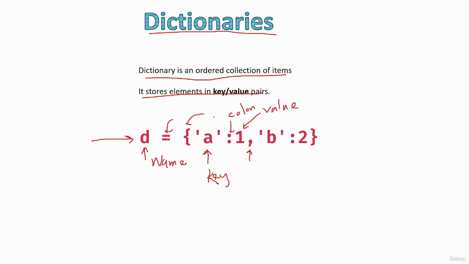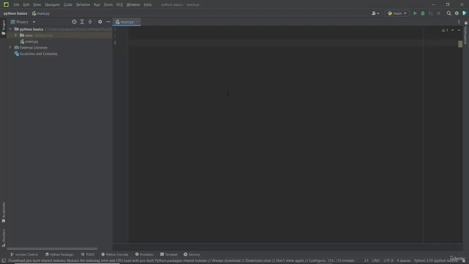Now let us go to PyCharm and create some dictionaries. Now I am creating a dictionary called car, assignment operator, then within the curly braces I can specify keys and values.